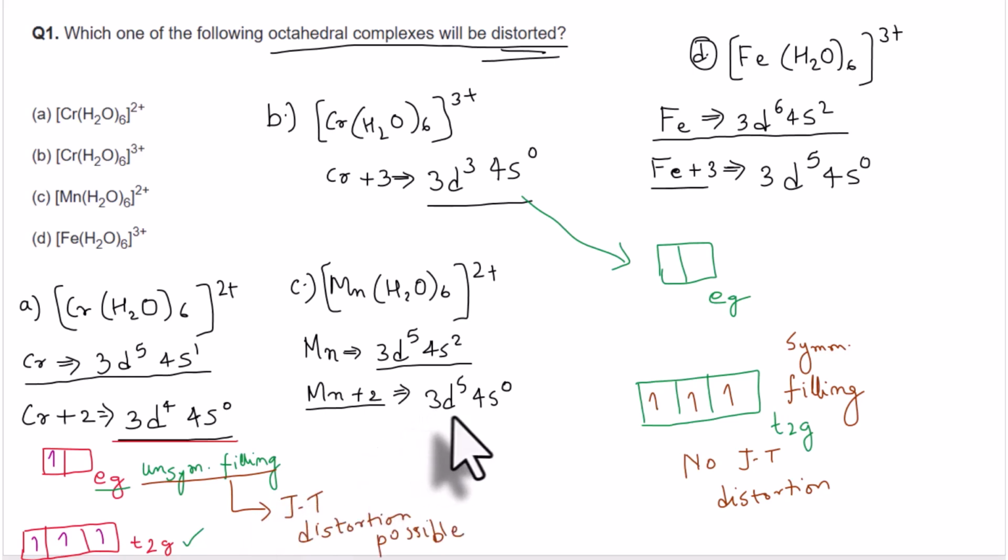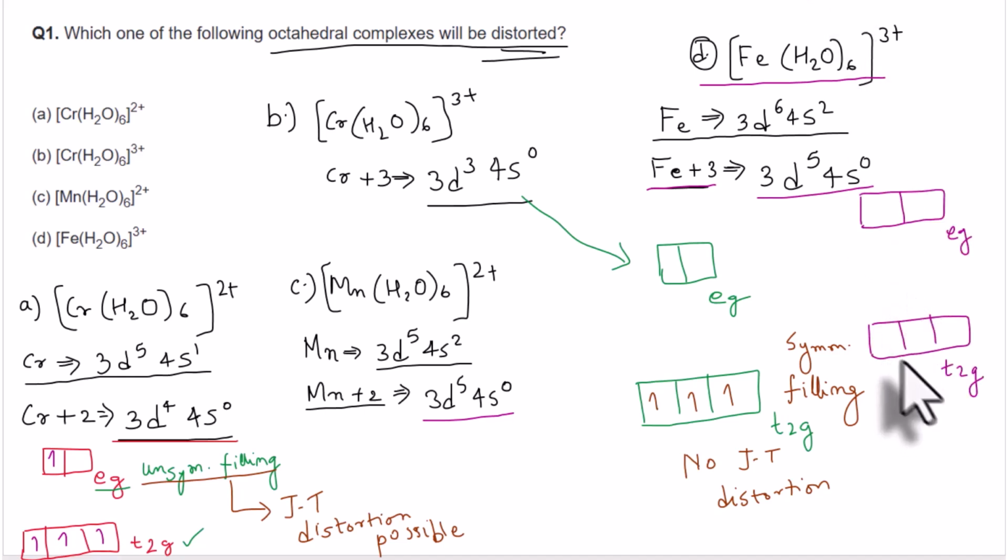Now in the last two options, in option C, we have manganese +2, which has a d5 configuration. And in the last option D, we have the Fe3+ ion, which again has a d5 configuration. What happens in the case of a d5 configuration? Each orbital contains 1 electron first: 1, 2, 3, 4 and 5.